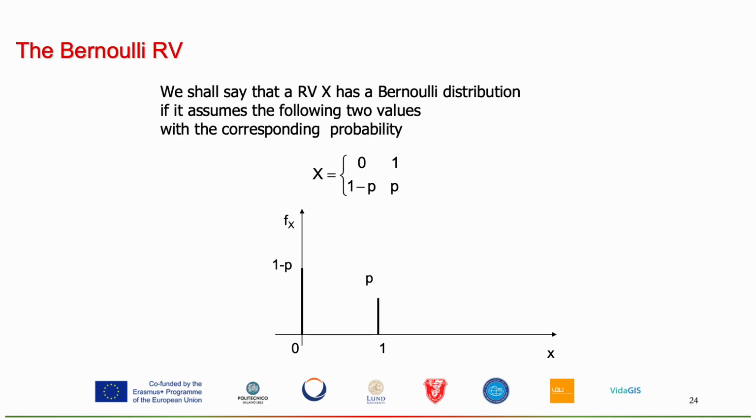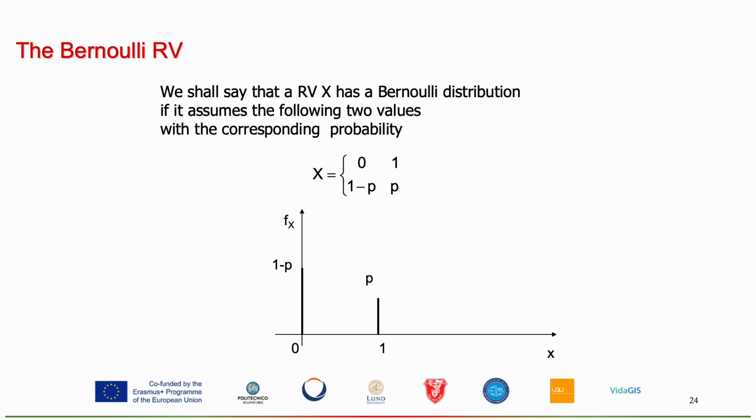The first one is the so-called Bernoulli random variable. It is discrete. A Bernoulli random variable can assume just two values, 0 and 1. In particular, the probability of 1 is defined by p. The probability of 0 is defined as 1 minus p.